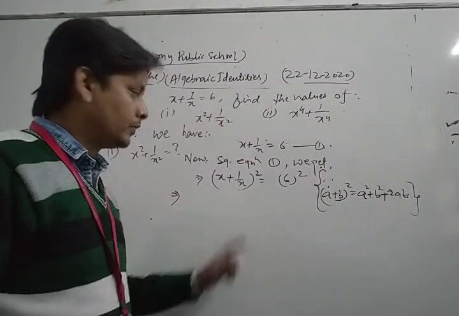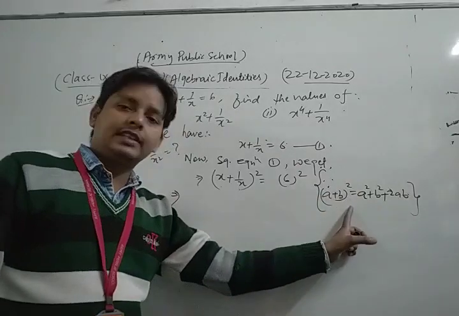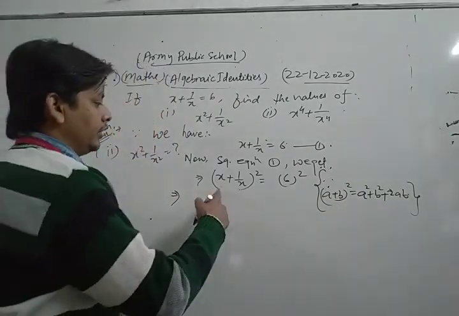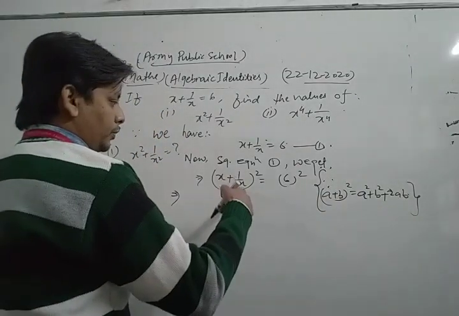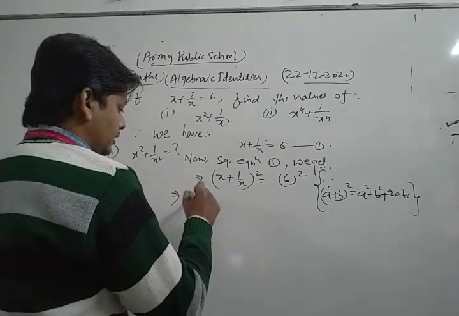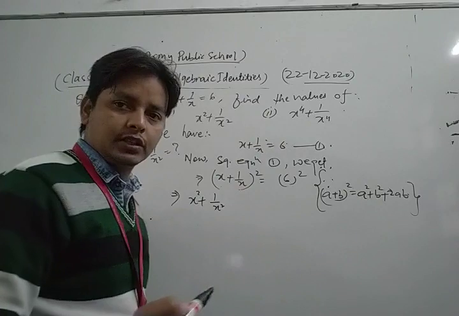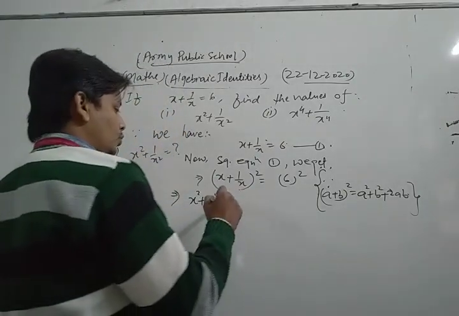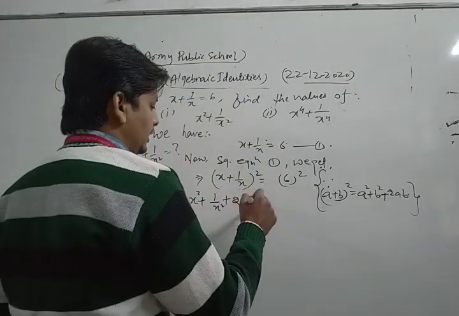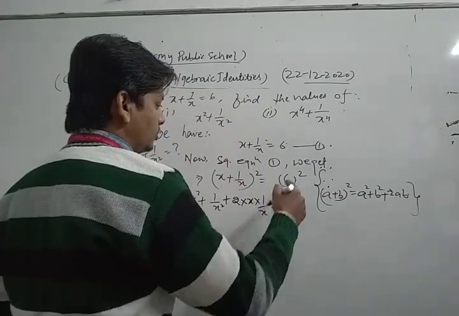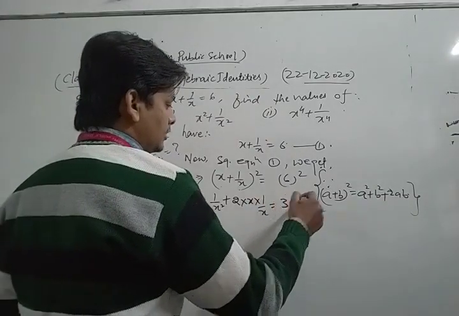So dear students, in this place we apply that identity. Now a is x and b is 1 upon x. So a square means x square, b square means 1 upon x square, plus 2ab, that is 2 into a into b, is equal to 6 square, that is 36.